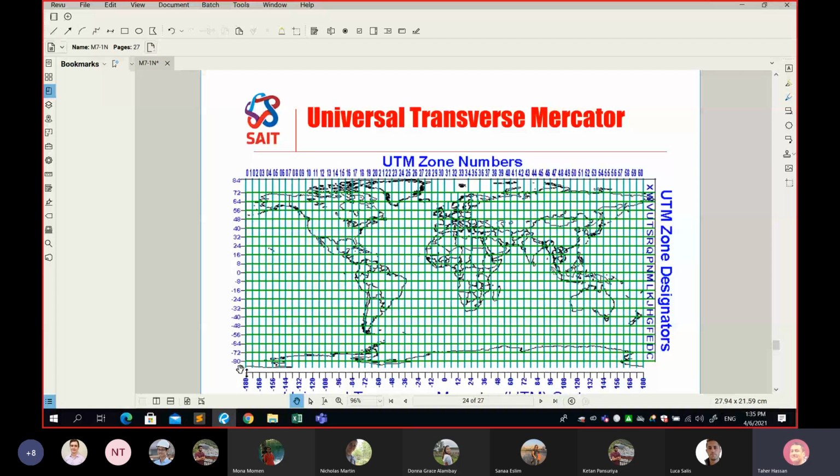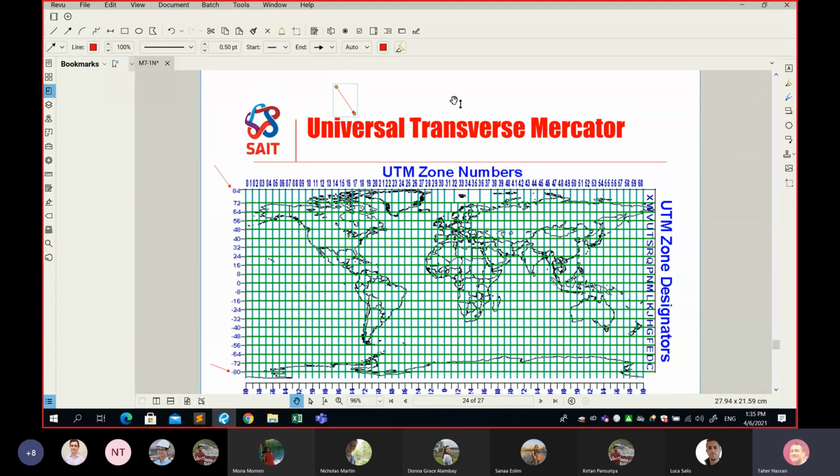In latitude, it goes between -80 and 84, pretty much the entire Earth, because we're still missing 60 degrees north and 10 degrees south. Nobody lives there, so it's okay. So UTM is a universal projection system, which means we can use it almost everywhere on the Earth.